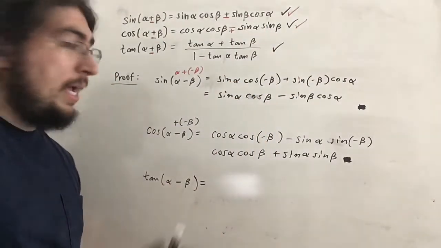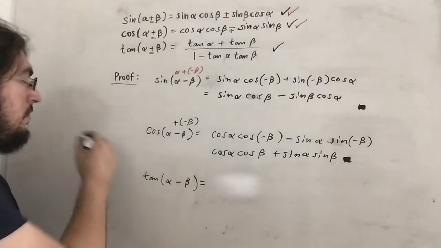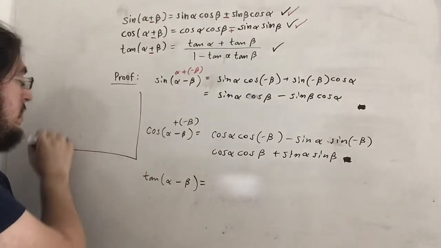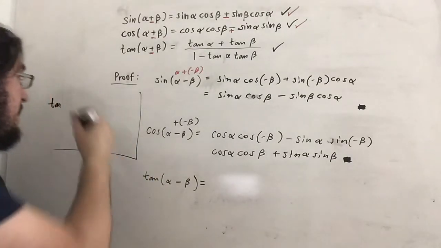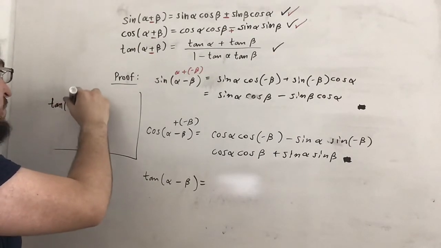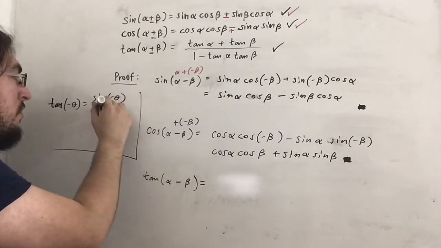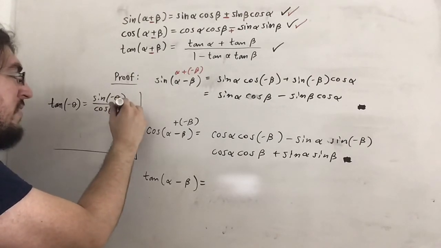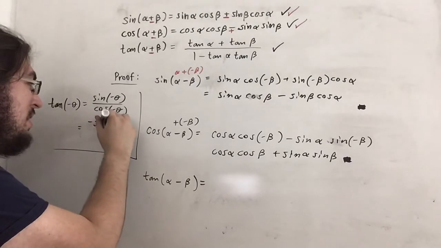Great. And for the last one, well, think of it like this. Let me write it off to the side, I guess. Let's say we want to find tangent of negative theta. Tangent of negative theta is sine of negative theta over cosine of negative theta. Since sine is odd, you can pull the negative out.